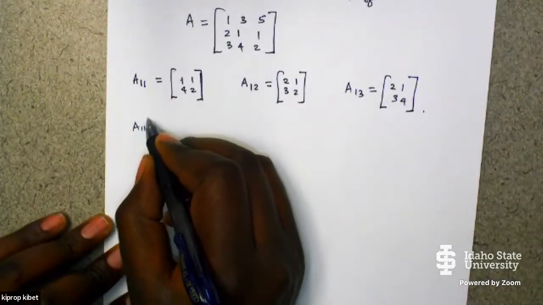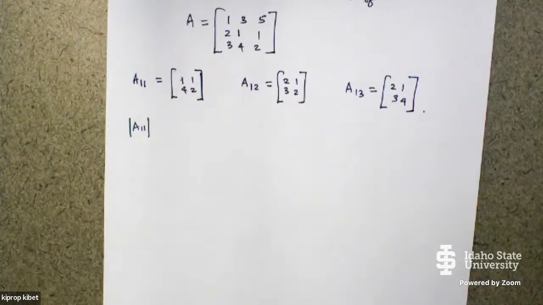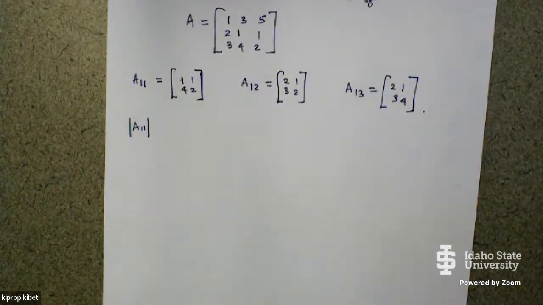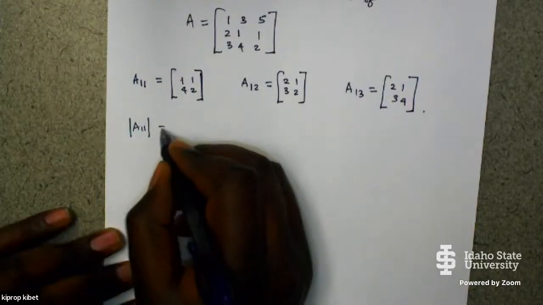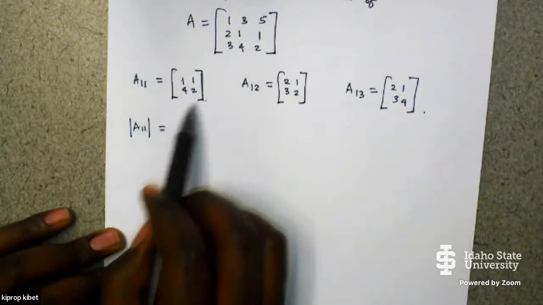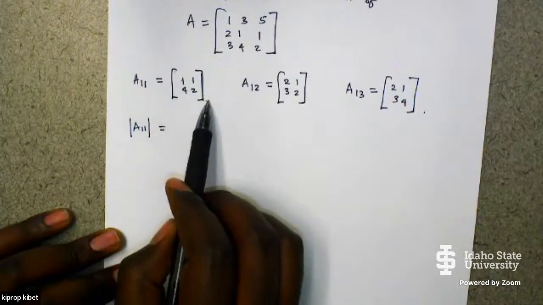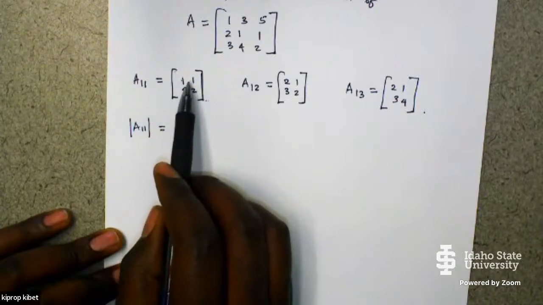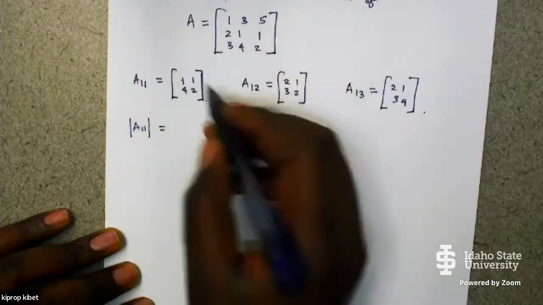So now let's find the determinant of A11. Since you've converted this to a 2 by 2, we know the determinant of A11 is multiplying the row and minus the other one.